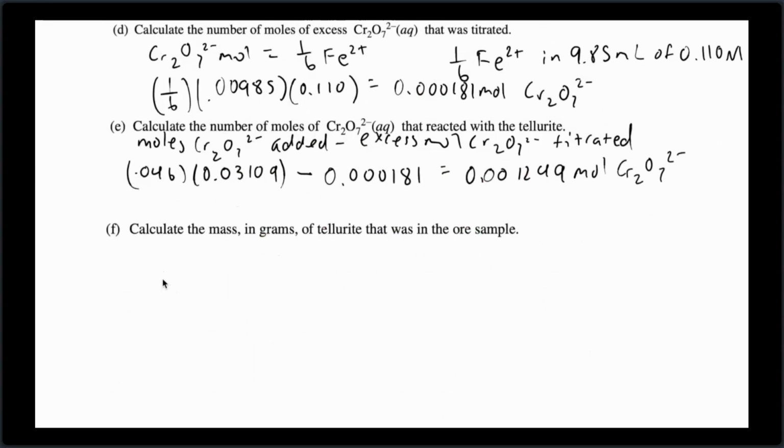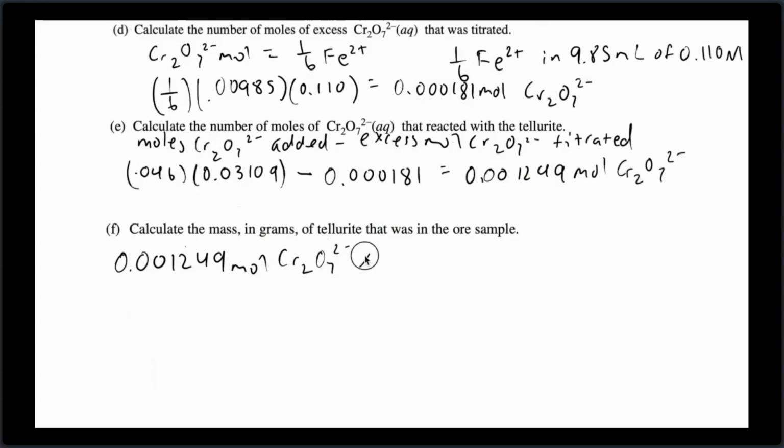Now our last question asks us to calculate the mass in grams of Tellurite that was in the ore sample. Well, all we have to do is, since we already found part E, which is calculate the number of moles that reacted with Tellurite, we can get that number, which is 0.001249, and that is the moles of Cr2O7 2-.